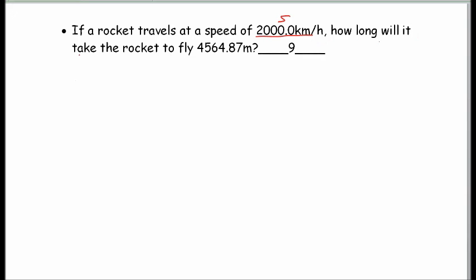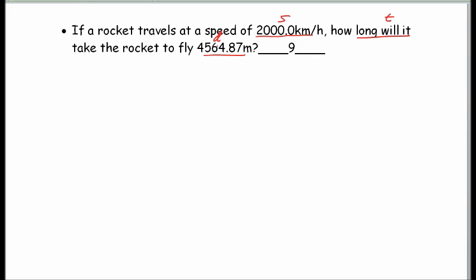How long will it take? Well, we're asked to find how long will it take, and that's going to be a time. How long will it take the rocket to fly 4,564.87 meters? That is a distance.